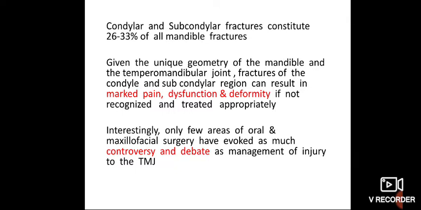In an adult also, because of shortening of the ramus, bilaterally or unilaterally, they will end up with asymmetry. That is why it is very important to treat and manage them effectively in all aspects.